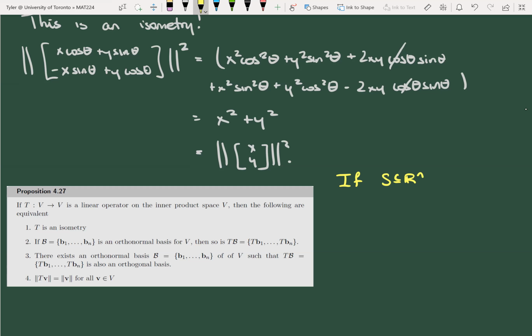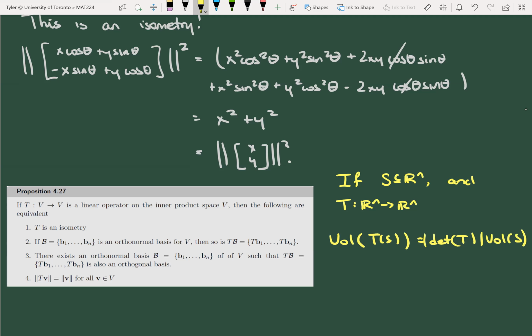If S is a subset of Rn, and T maps Rn to Rn, then the volume of T of S is the determinant of T times the volume of S.